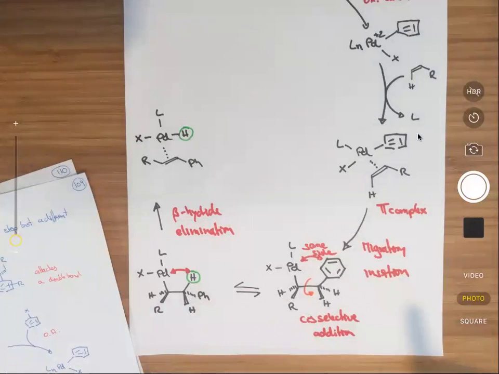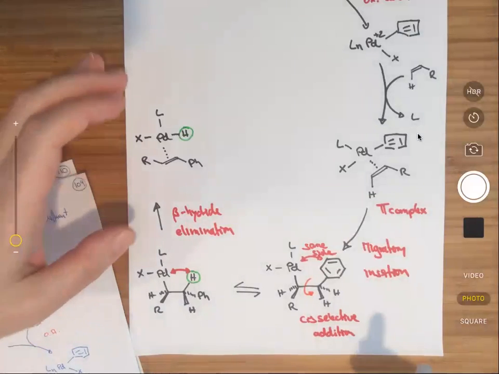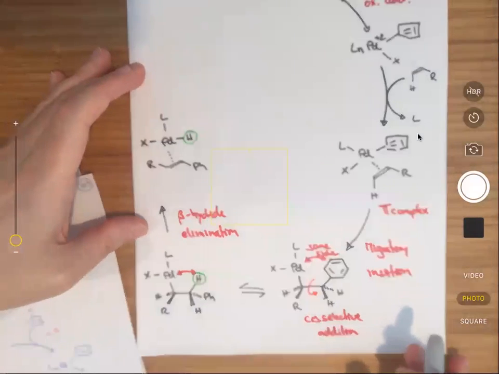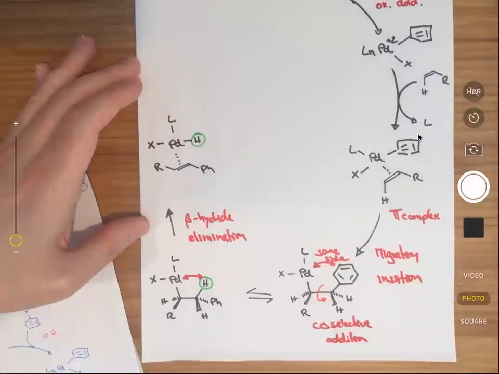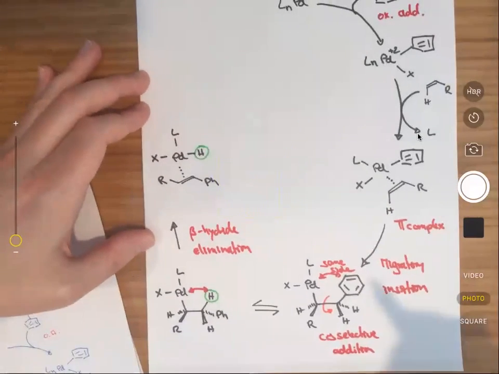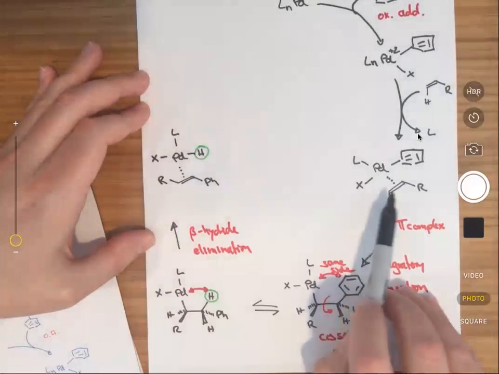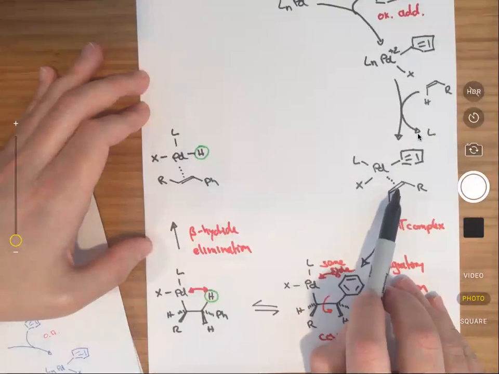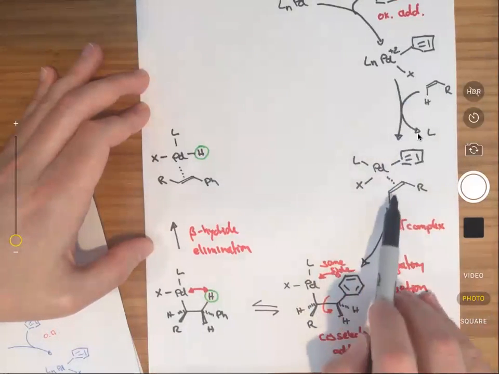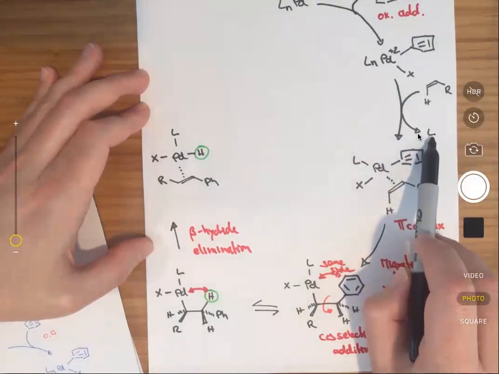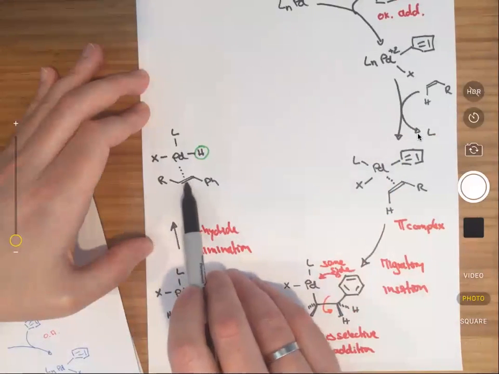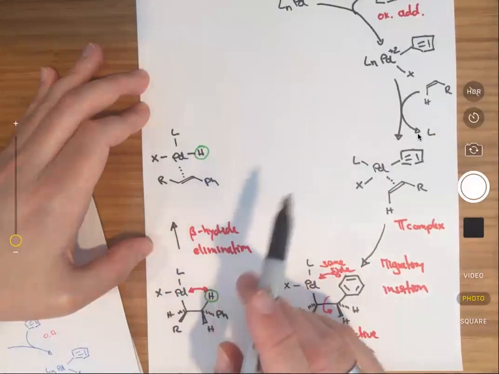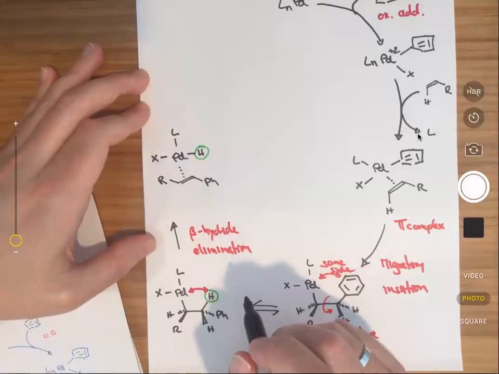So from here, then it's pretty straightforward to get back to our starting material, because this is basically just the same structural species, very, very similar structural species as we had over here. And we can simply do a ligand exchange again, where this L that we kicked out here replaces this olefin again and gives us back our product.